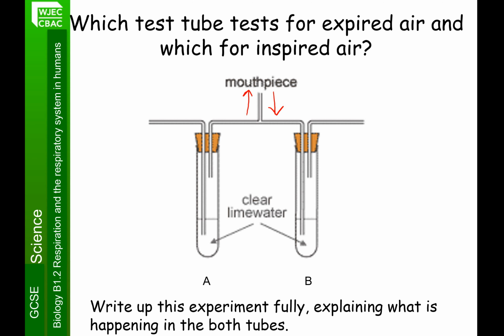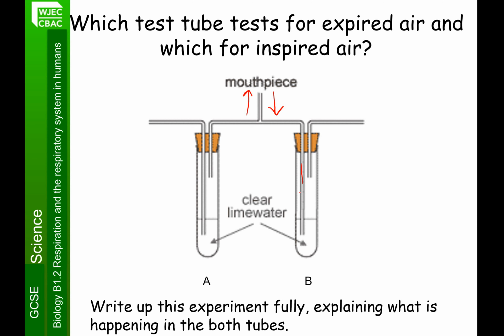So if we deal with expired air first, breathing out. In this arrow here, we're breathing out down our mouthpiece. Now air can go in both directions, but can you see that this one ends above the lime water, above the liquid layer, whereas this one goes straight down.